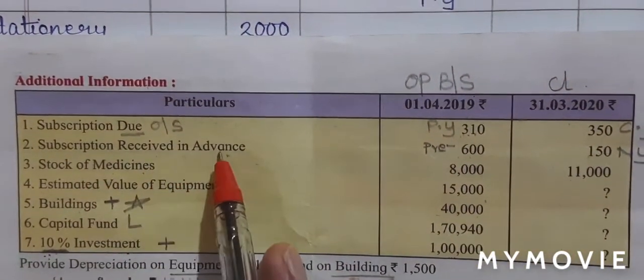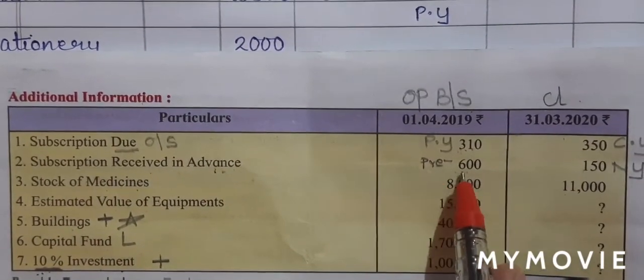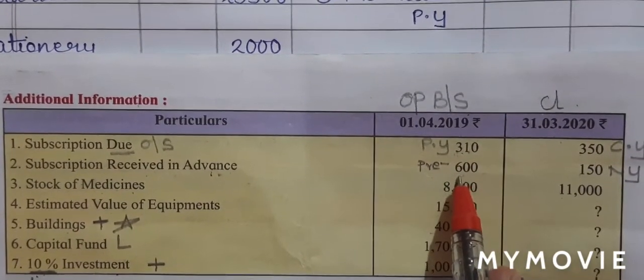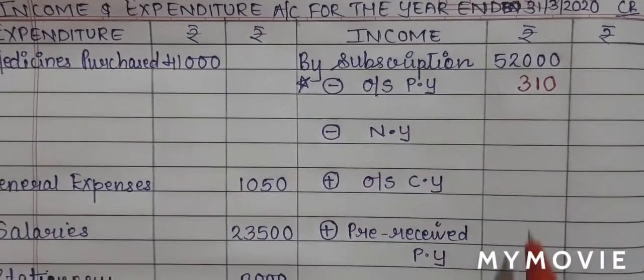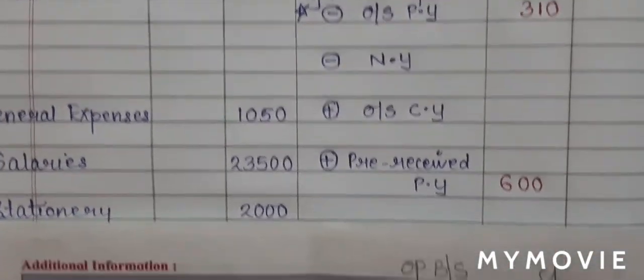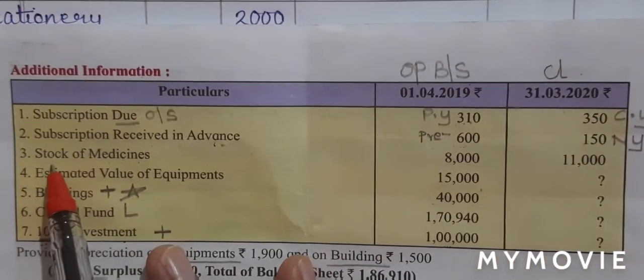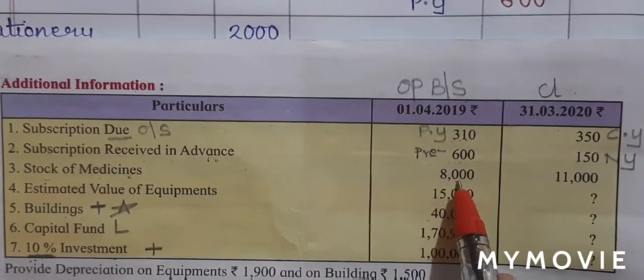Next is subscription received in advance. It's a pre-received of the previous year, that is 600 rupees. So on the subscription side, I have pre-received of previous year. So I'll just copy 600. Next is stock of medicines, 8,000 rupees.